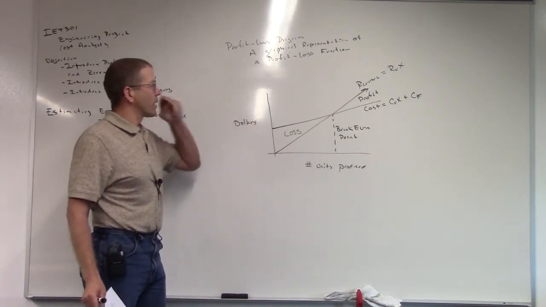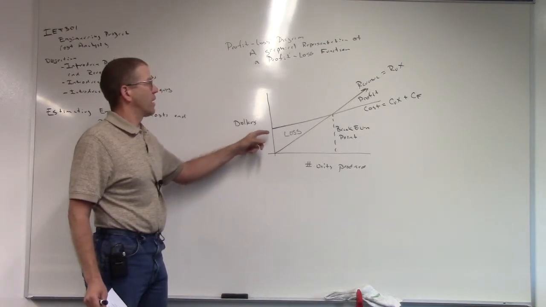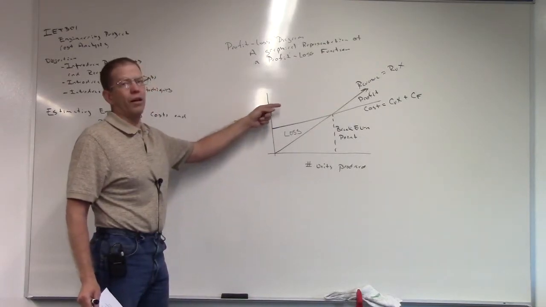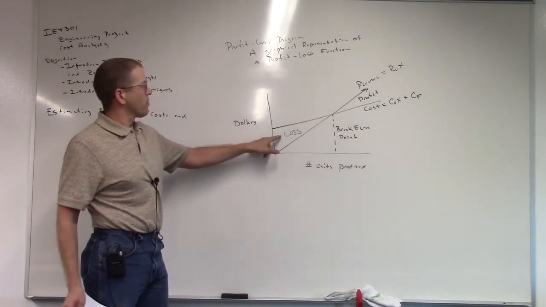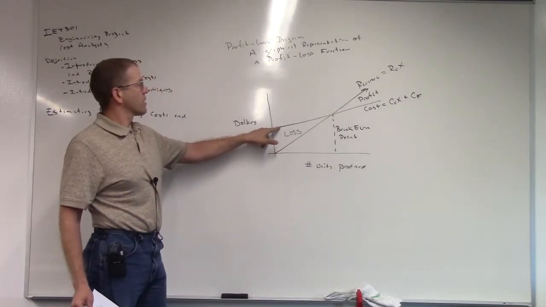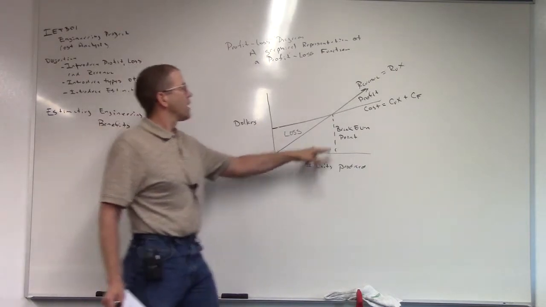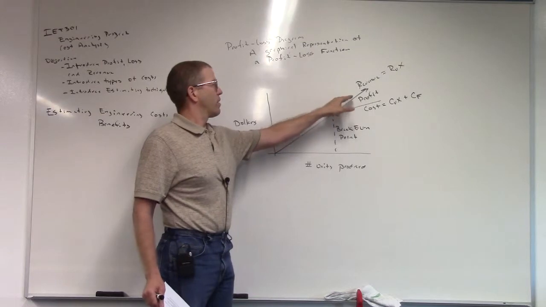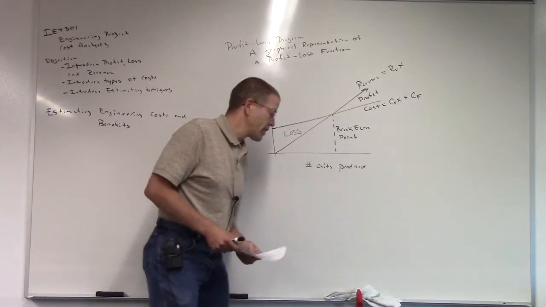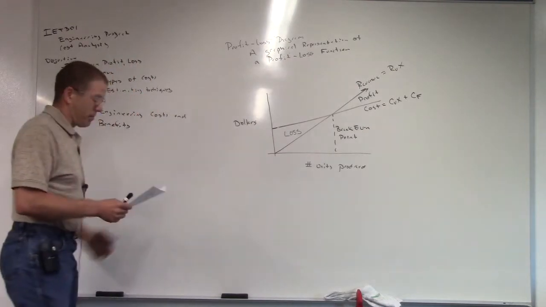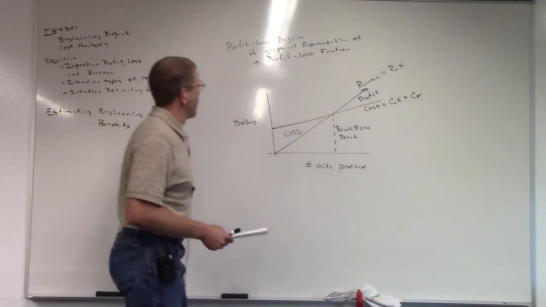So in the homework, you'll notice that one of these that you do ends up with a parabolic or a quadratic type of curve. You just have to go through and analyze it the same way. In the region where the cost is greater than the revenues, you are in a loss region. In the areas where your revenue is greater than your cost curve, you're in a profit region. So keep that in mind. Okay, so this should help you out with that profit loss diagram.